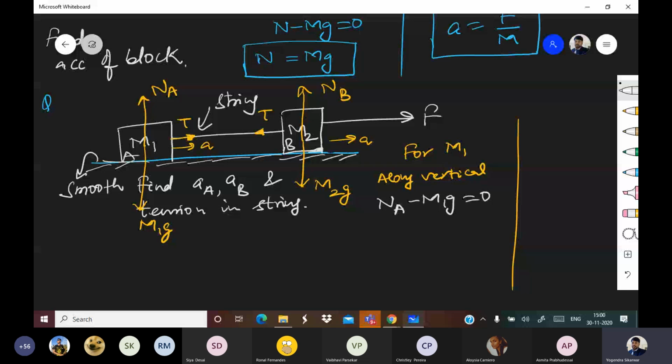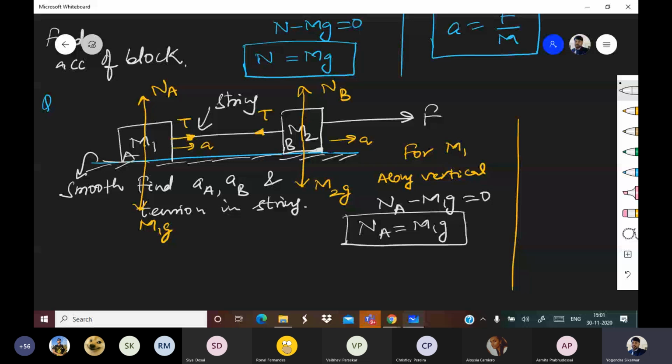So that gives us NA is equal to M1G, which is a useless value.